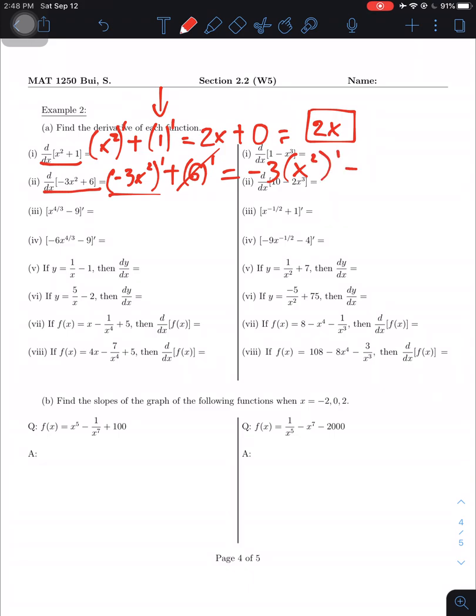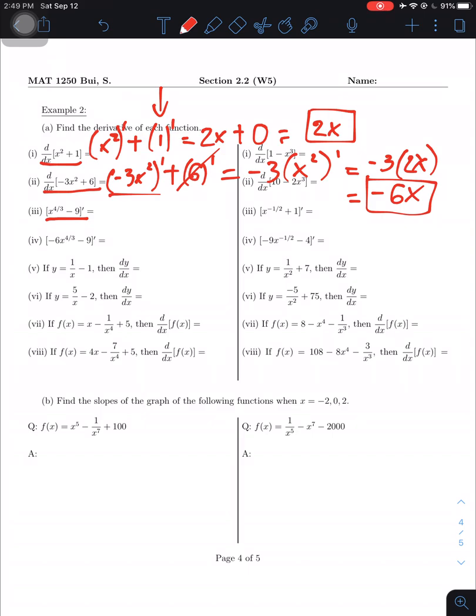The derivative of x squared again is 2x. So I'm going to go ahead and do it like this, and at the end, my answer is negative 6x.